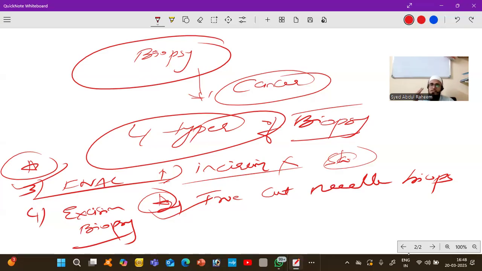If you want to cut that, there will be maximum bleeding and tissue damage. So that's the reason the radiologist will do fine needle aspiration cytology, where smaller tissues are collected and go to the lab for the biopsy. This is for general knowledge only.